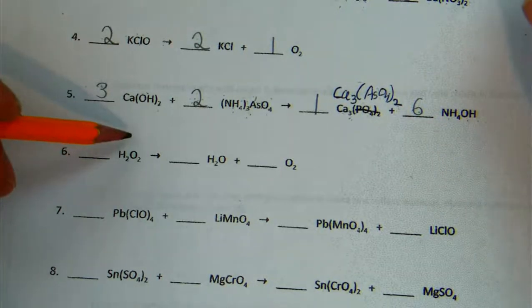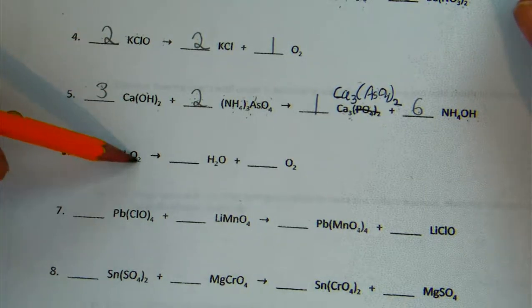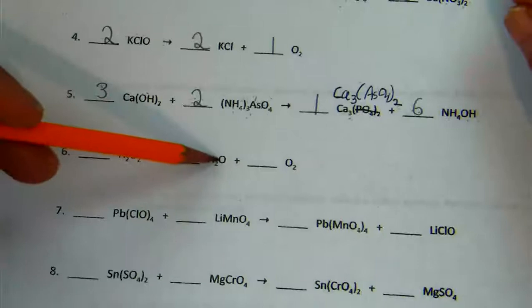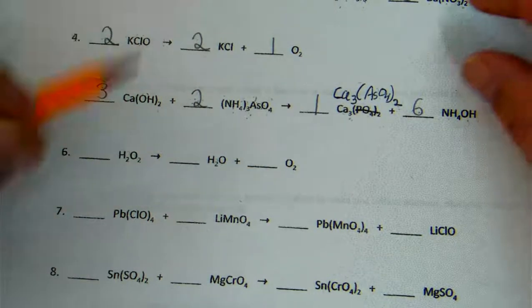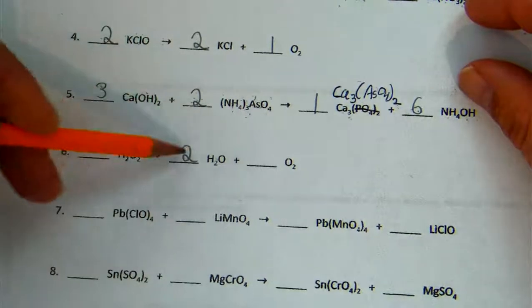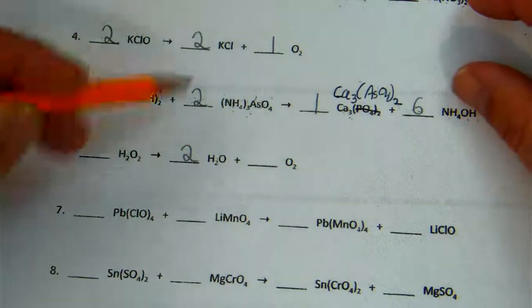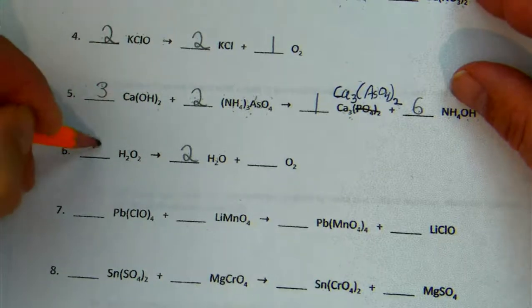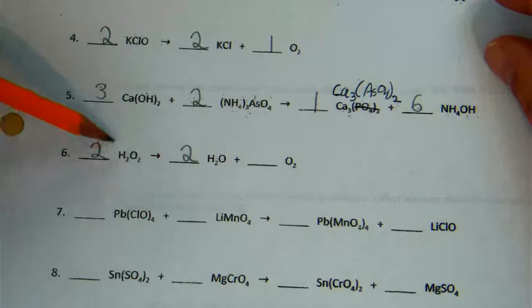To balance this, I see I can only have an even number of oxygens on the left, whereas here, this can be odd or even. So let's start by doubling this to make it an even number of oxygens on the right. 2 plus 2 is 4 oxygens on the right. That means if I double the coefficient of the hydrogen peroxide, I have 4 oxygens on the left.